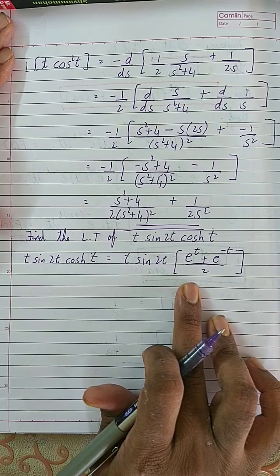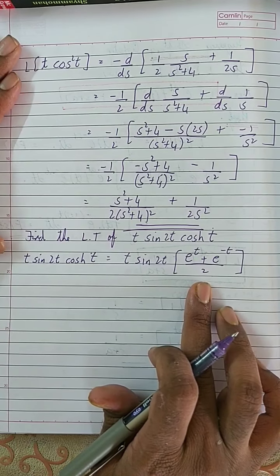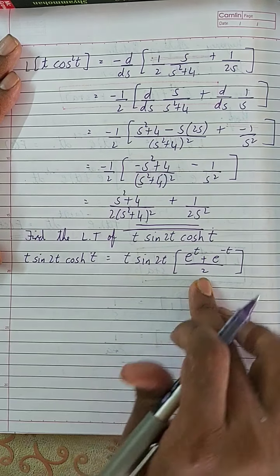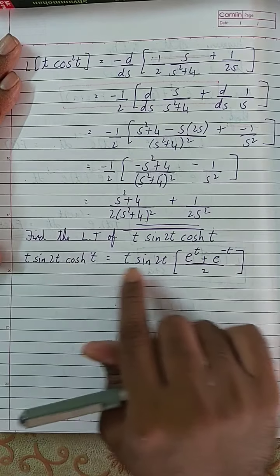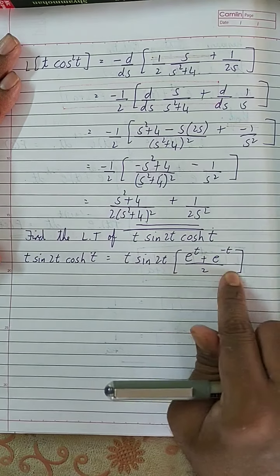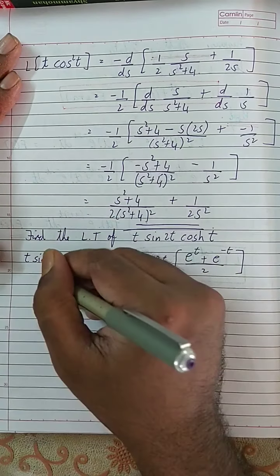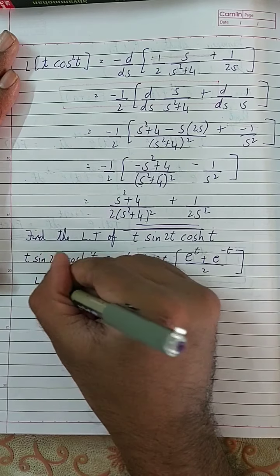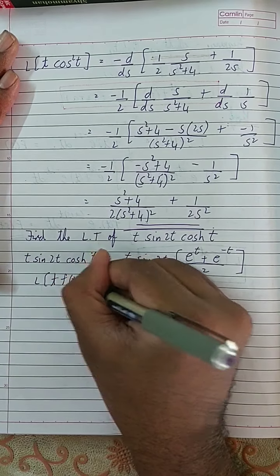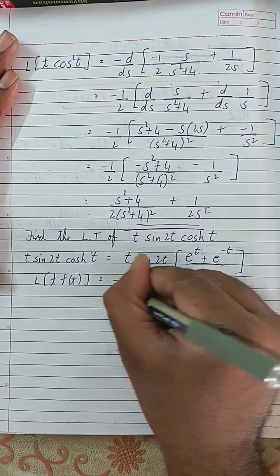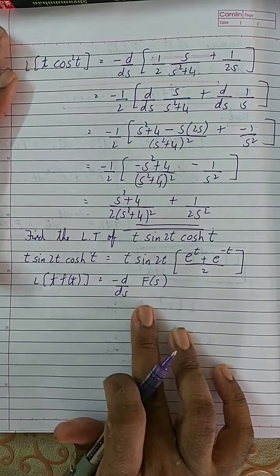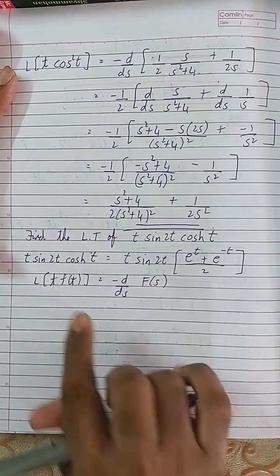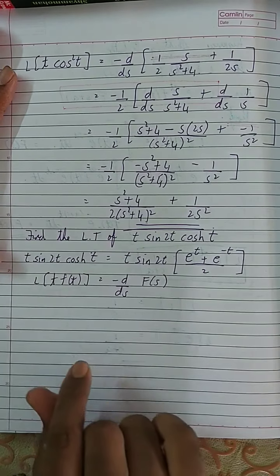So the Laplace transform of this function can now be written as follows. We know that the Laplace transform of t f of t is equal to minus d by ds of F of s. Here my f of t is sine 2t cos ht.